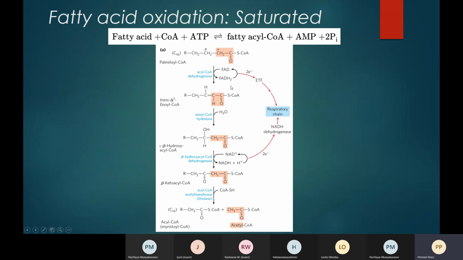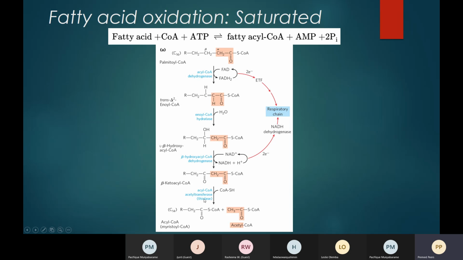Again, the exact steps aren't super important, but it is interesting to look at. You're going to see this sort of stepwise oxidation a lot. We go from a single bond to a double bond to an alcohol to a carbonyl, and then we chop it in half and add another CoA. Each step we're getting more and more oxidized.